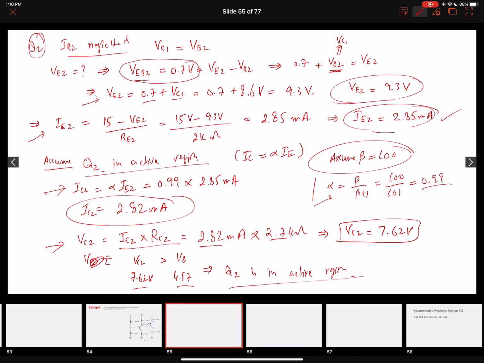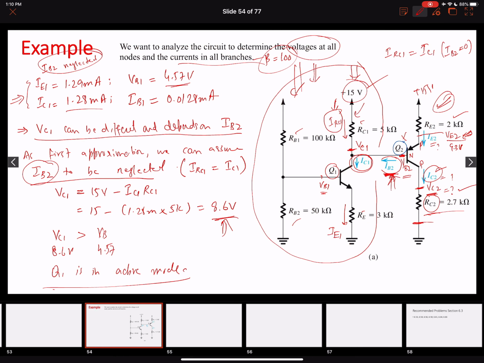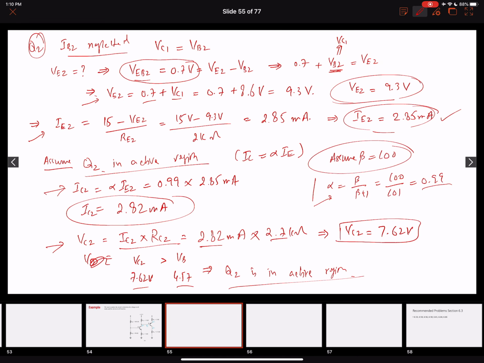Once we find the emitter voltage, we can simply solve the circuit by 15 minus VE2 over RE2 to find IE2. After finding the IE2, we assumed the transistor Q2 to be in the active region, and found the value of IC2 and VC2.